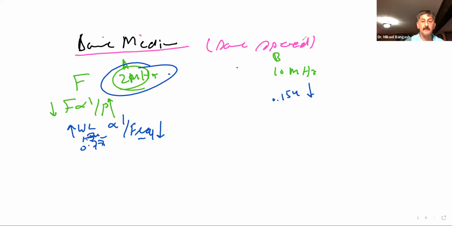Since it's the same medium, it's going to be the same speed. So speed here is equal to speed here. Did you guys get that?